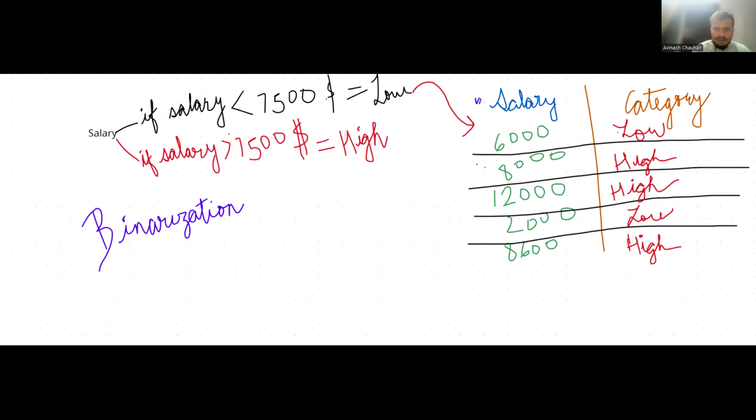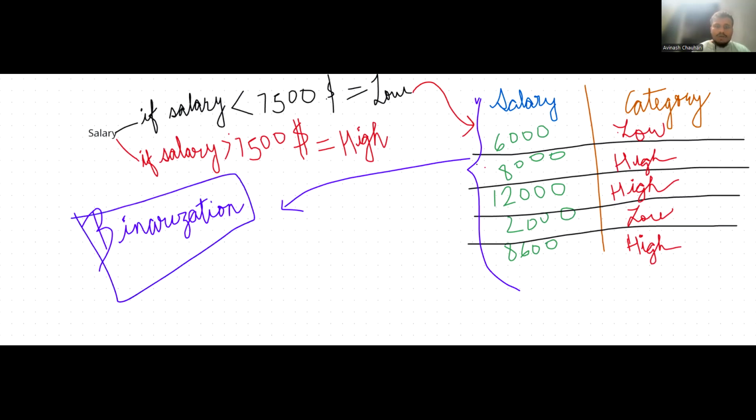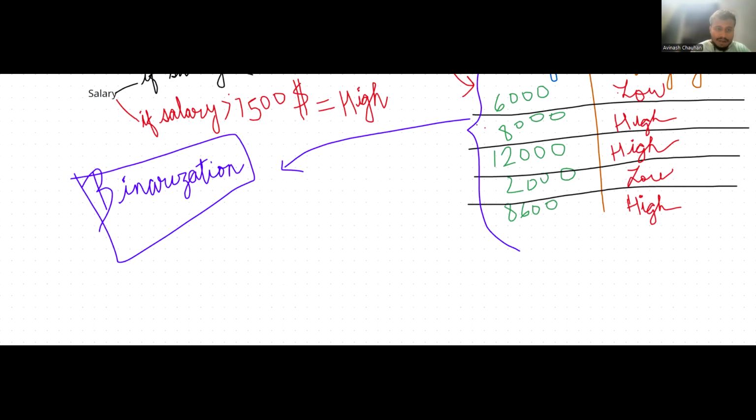This is particularly called binarization. And what is binarization? Why do we call it that?